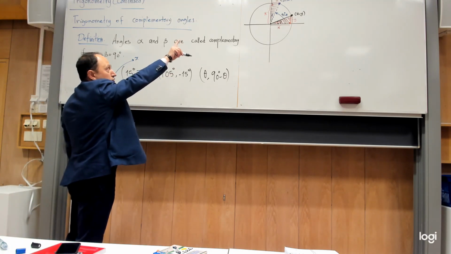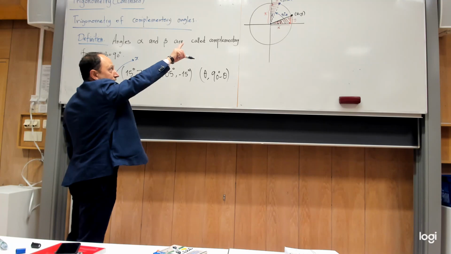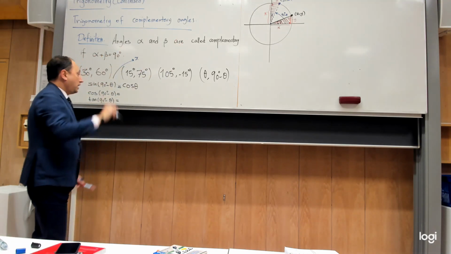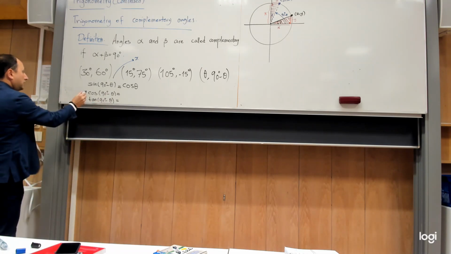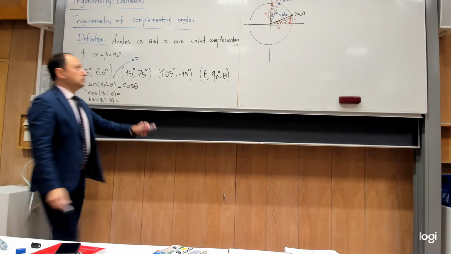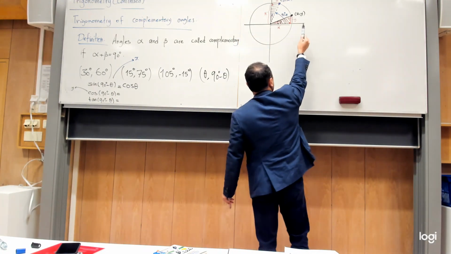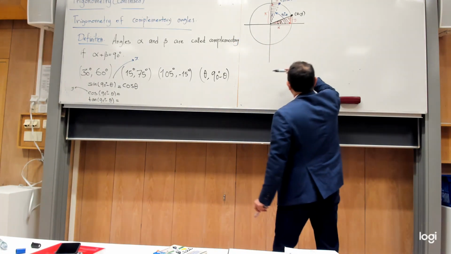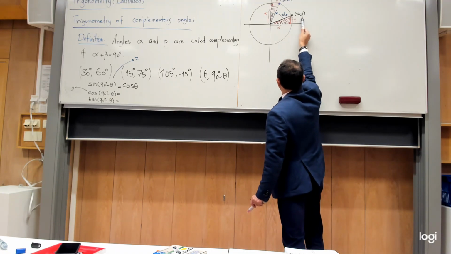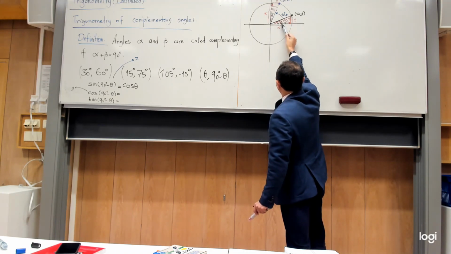I have to read the x coordinate of that blue point. But the x coordinate of that blue point is y. So this is y. But if I ask you now, forget about this and look at the black point. If I ask you how y is related to theta, you say that y is the y coordinate of this point, so it is sine of theta.